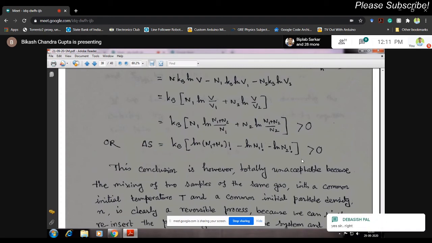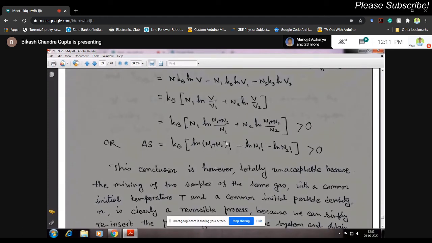Do you know Stirling approximation? So you can write this one as n1 ln of (n1 plus n2) minus n1 ln n1. Similarly, you can write this one as n2 ln of (n1 plus n2) minus n2 ln n2. Now just check, use the Stirling approximation, and you will probably find the same thing here.